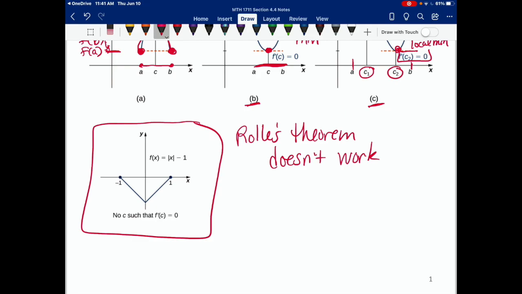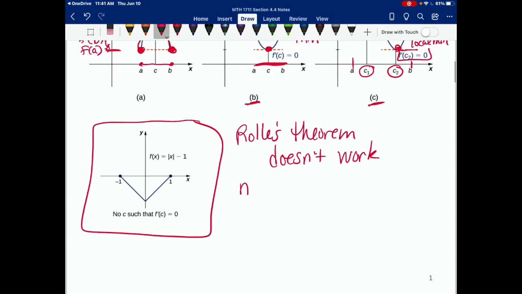So if you notice in this example, the entire interval from -1 to 1 is continuous. However, it's not differentiable at the point x equals 0.